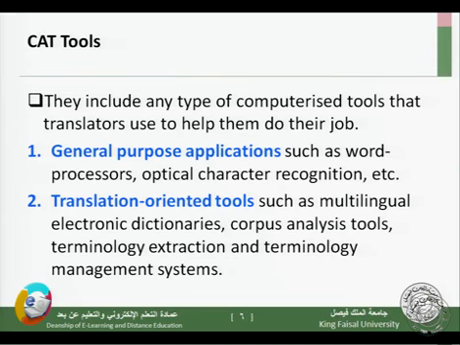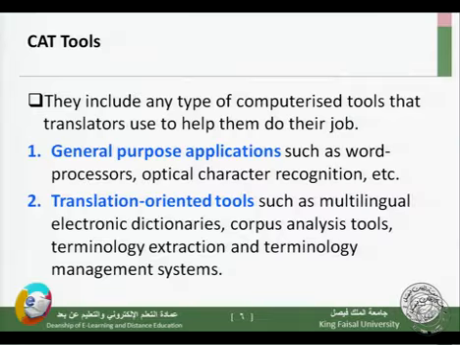But we have two types: general purpose applications, such as word processor, optical character recognition, etc. General purpose processor, like the word processor, Windows, and so on. So you use them, and they are called tools.